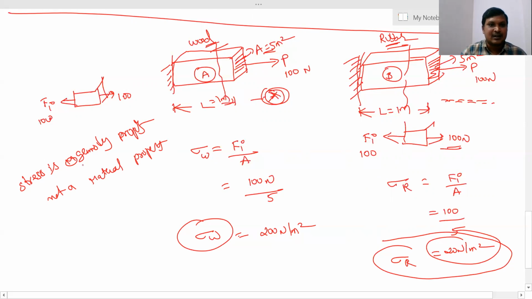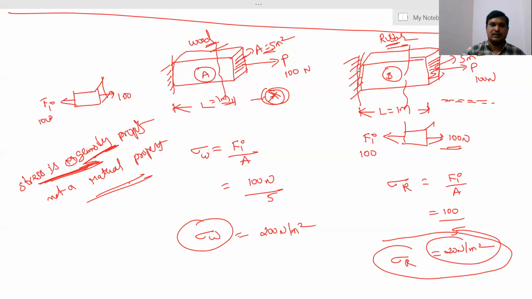The stress does not depend on the material. The stress depends on the geometry of the member. Therefore, stress is a geometry property, not a material property. Is it clear? This is the physical meaning of stress.